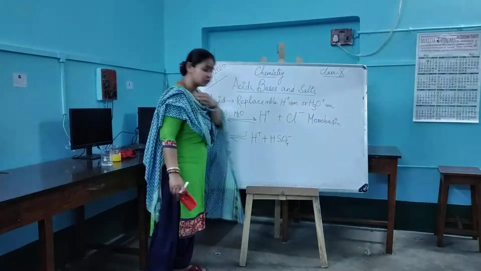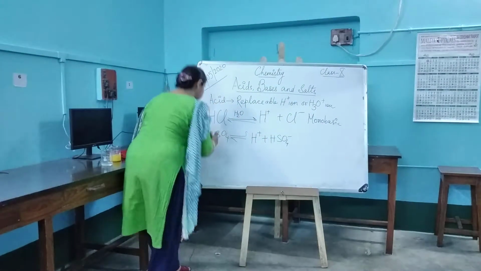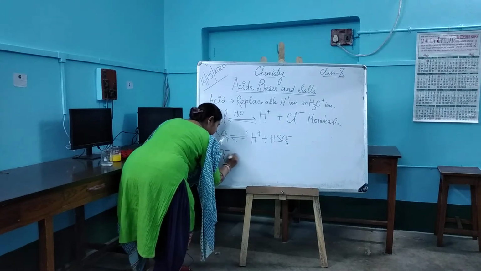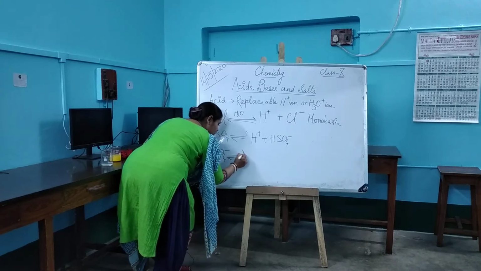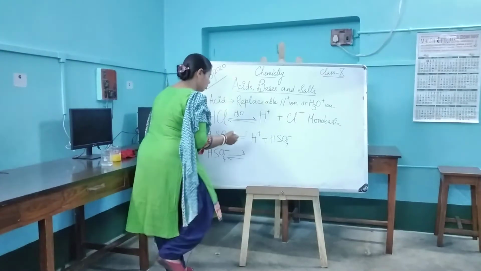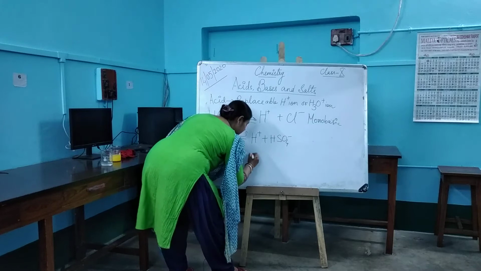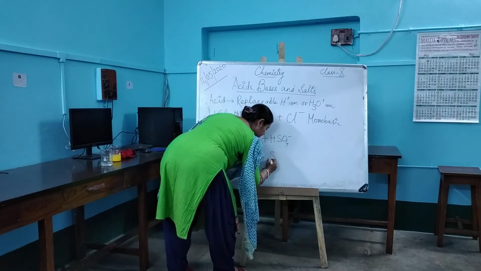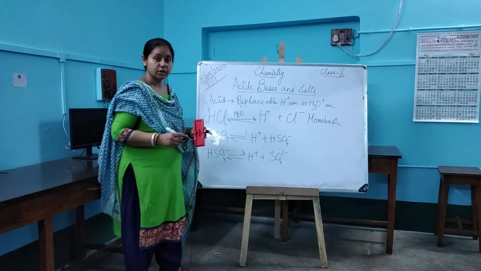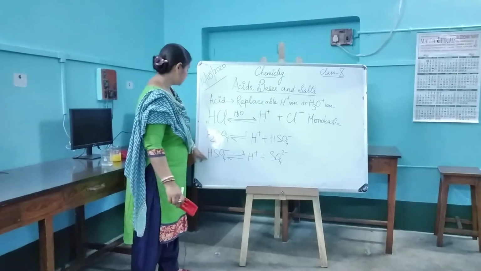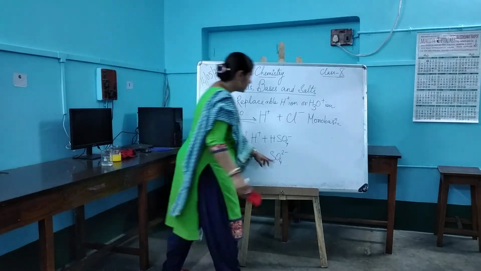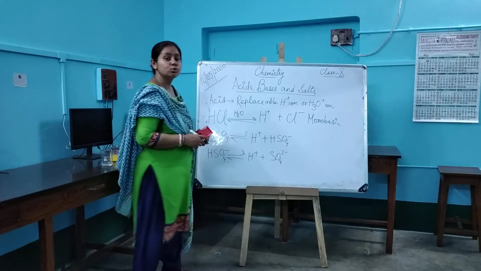This HSO4 minus, which is actually a complex ion, will break down further to form H plus and SO4 2 minus.